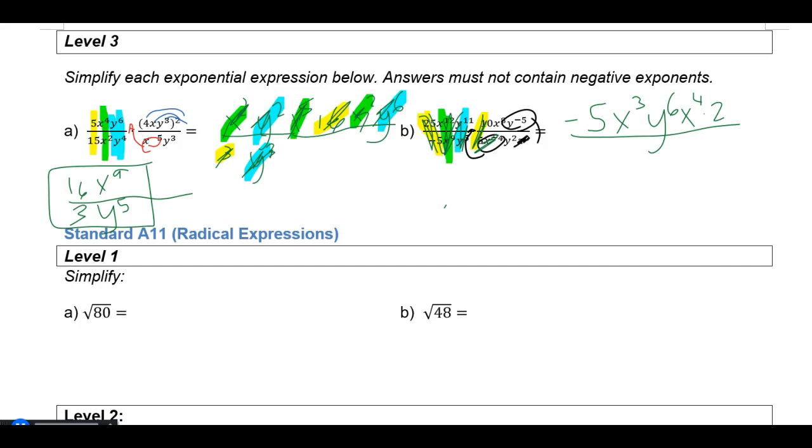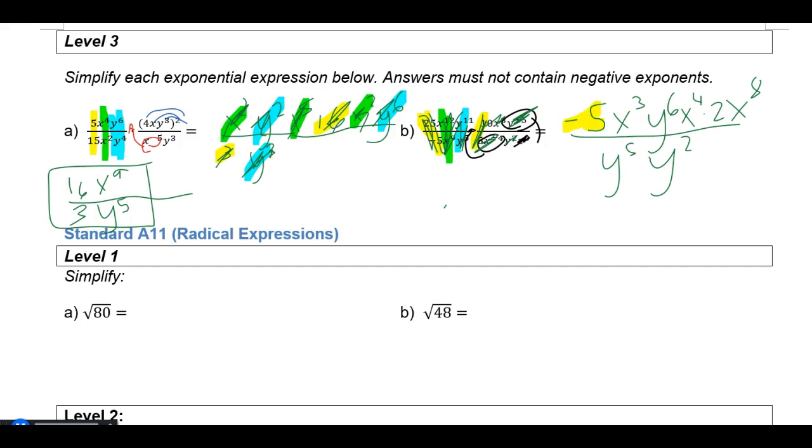I will bring my y to the negative 5th down and make it positive, y to the positive 5th. Now the only two things I have left are x to the 8th and y squared. So I'll just write them up here, x to the 8th and y squared. Got it? Got it. Alright, now everything's crossed out, so I know I'm good to go.